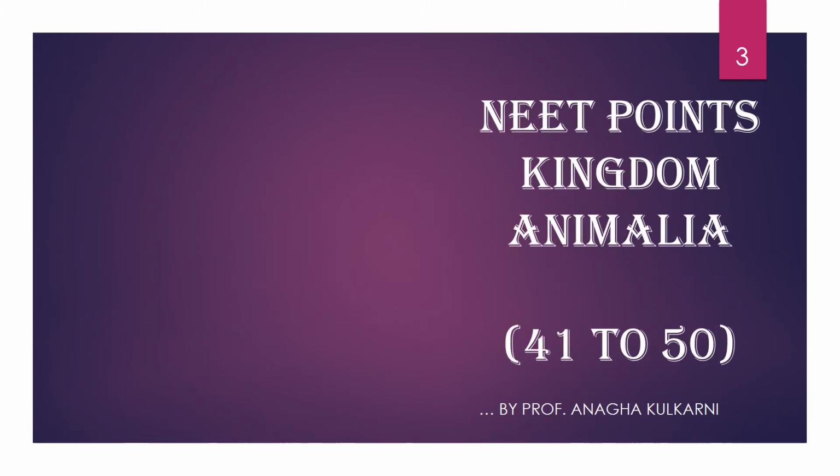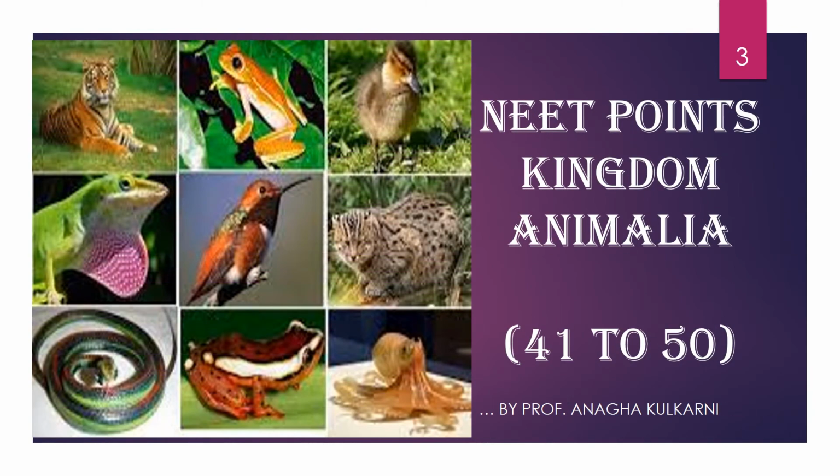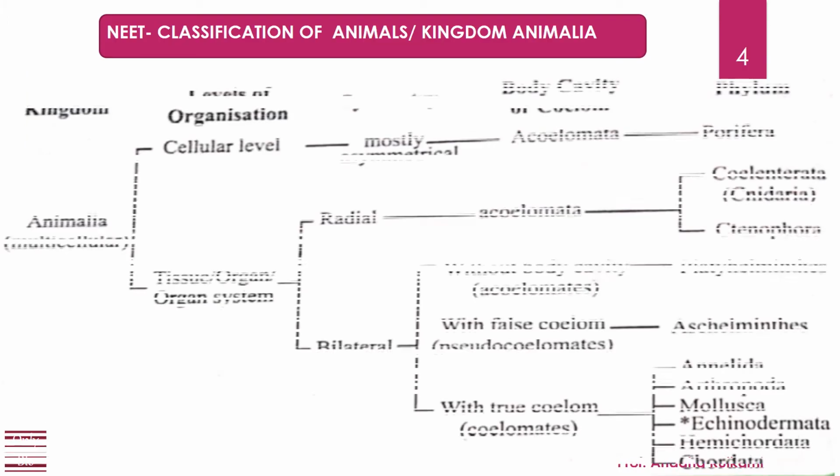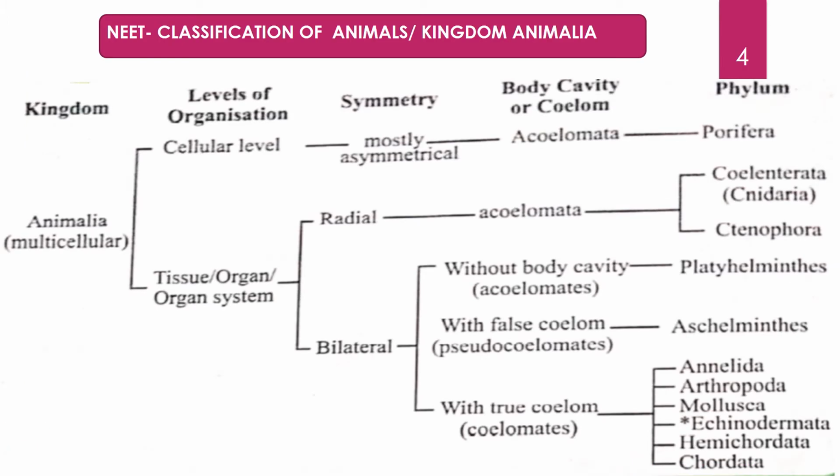So presenting the NEET points from Kingdom Animalia, from 41 to 50. Friends, before we begin, this is just a rough idea about how the classification is done. I shall explain the same quickly. Kingdom Animalia, which comprises multicellular organisms, can be broadly classified into two main groups based on the levels of organization.